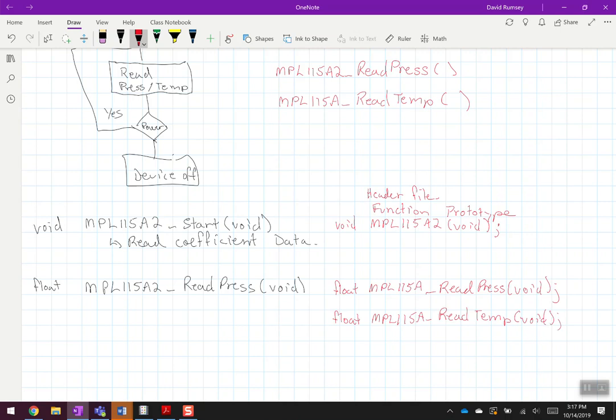Now let's talk about what's going to go on inside each one of these functions briefly. For the pressure one, what's going to go inside here is we're going to do a convert command. We're going to read register values, read pressure values.